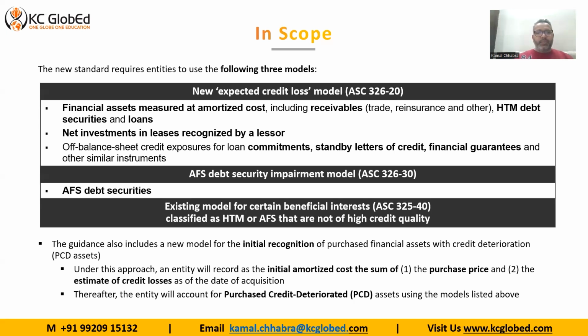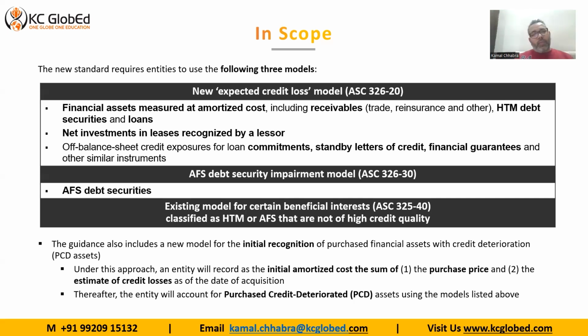So what is in scope? Your financial assets. Financial assets include receivables. Receivables include trade receivable, insurance receivable, other receivable, held-to-maturity debt, loan receivable, or in case of lease, from the lessor side, lease receivable.